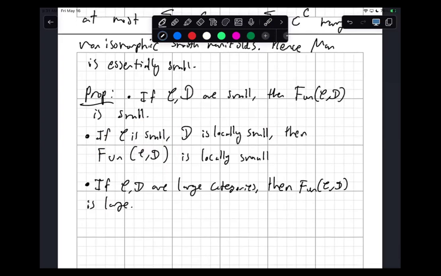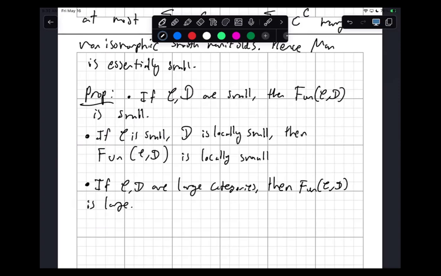Now, if C and D are very large categories, so they're not in the Grothendieck universe, we might not even be able to prove that the functor category, any of the stuff inside of it, forms a set. Because remember, we have to be able to prove using our formal system that a collection defined by first order logic is a set.